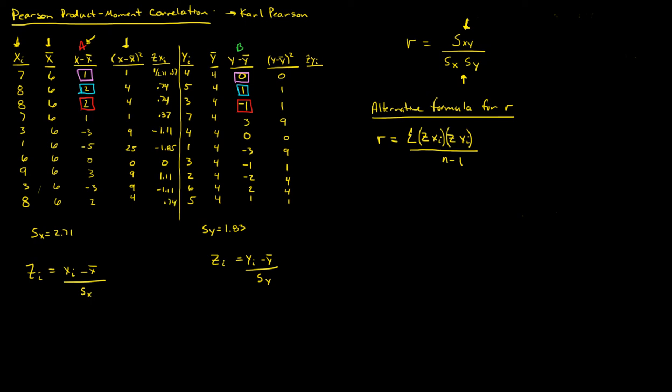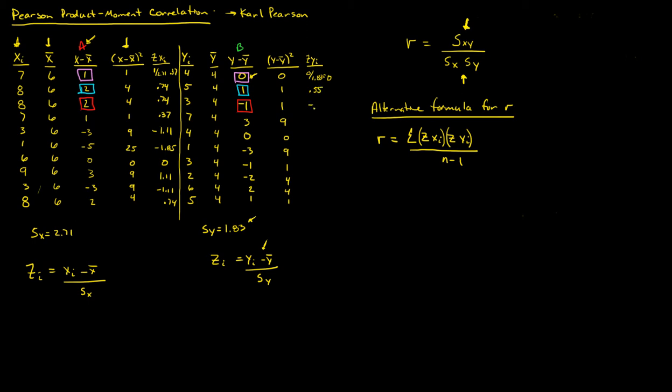Let's do the same thing for the y's. This 0 from column B, which is our y minus y bar, divided by the standard deviation, which is 1.83, is 0 divided by 1.83 equals 0. 1 divided by 1.83 is 0.55.